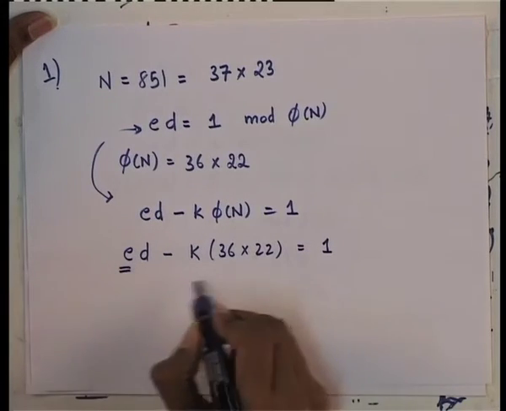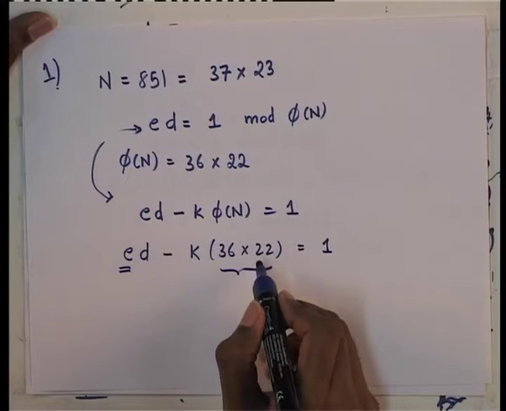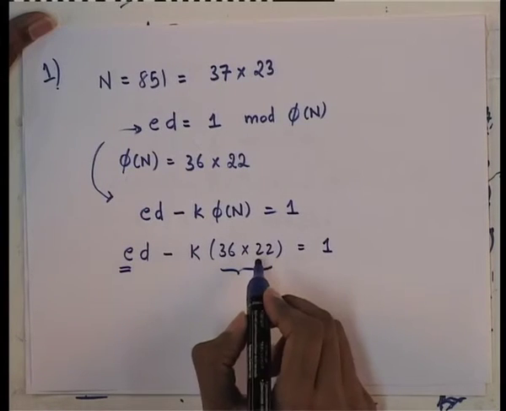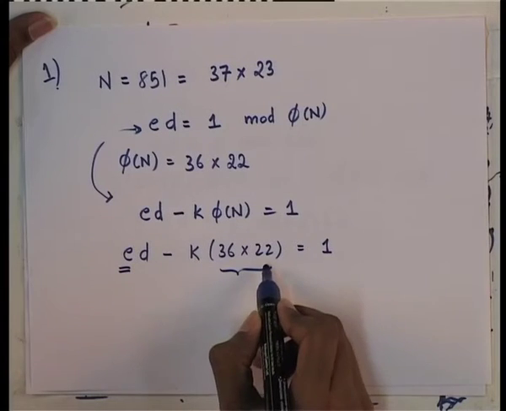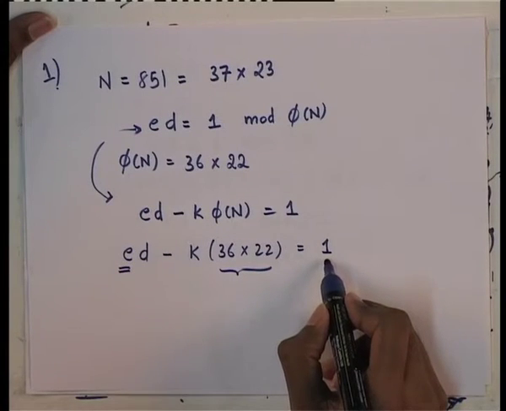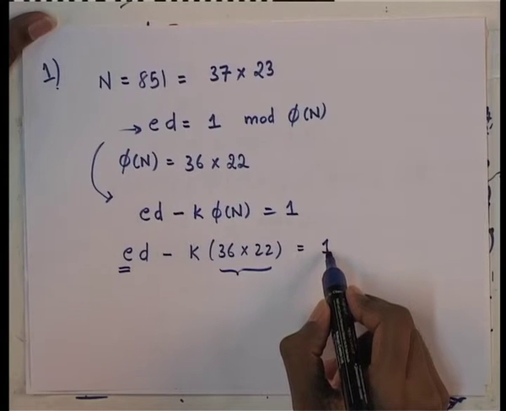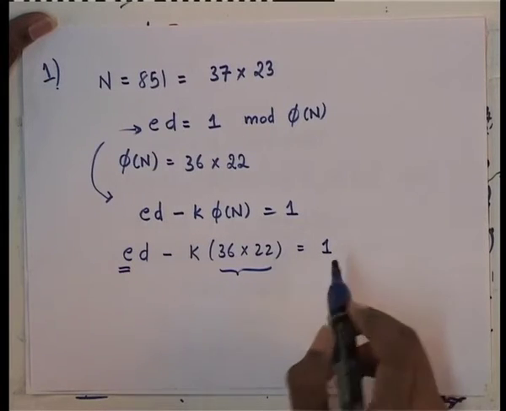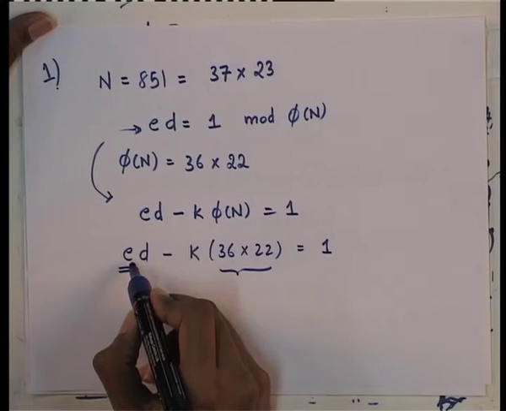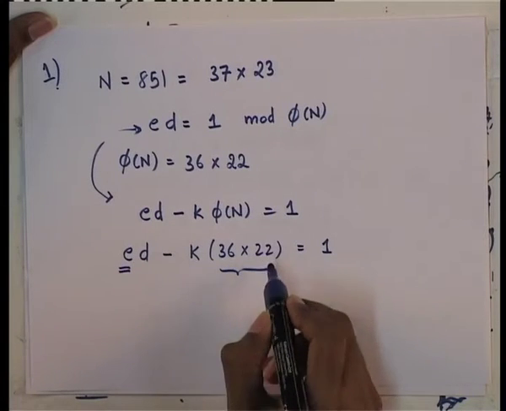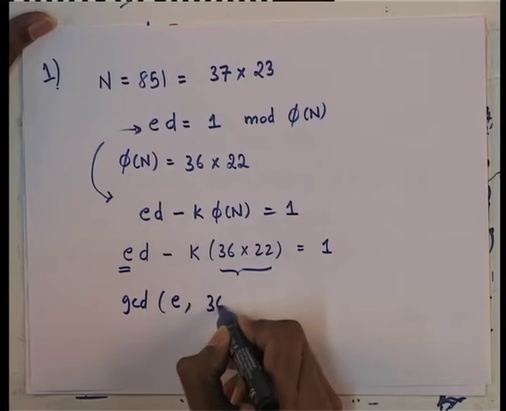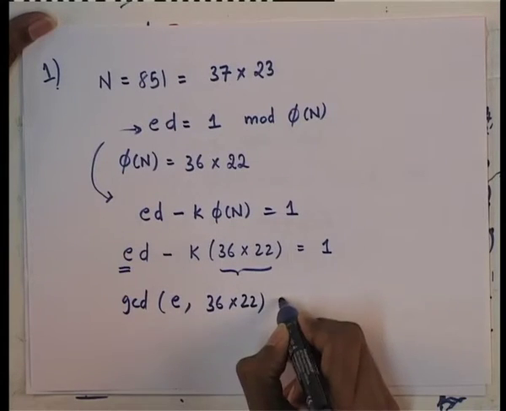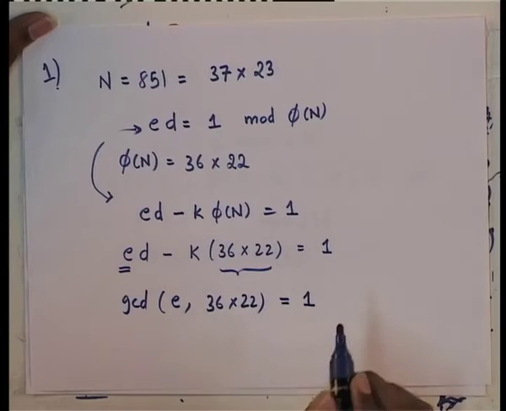Suppose E and D have a common factor which is greater than 1, then it divides the whole term on the left hand side, but cannot divide the number on the right hand side. So, E cannot have a common factor with 36 times 22. So, GCD of E and 36 times 22 should be equal to 1.